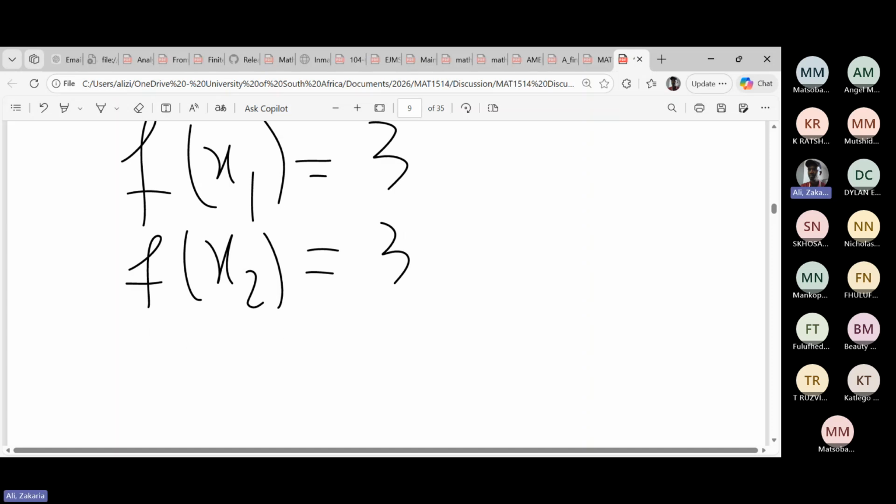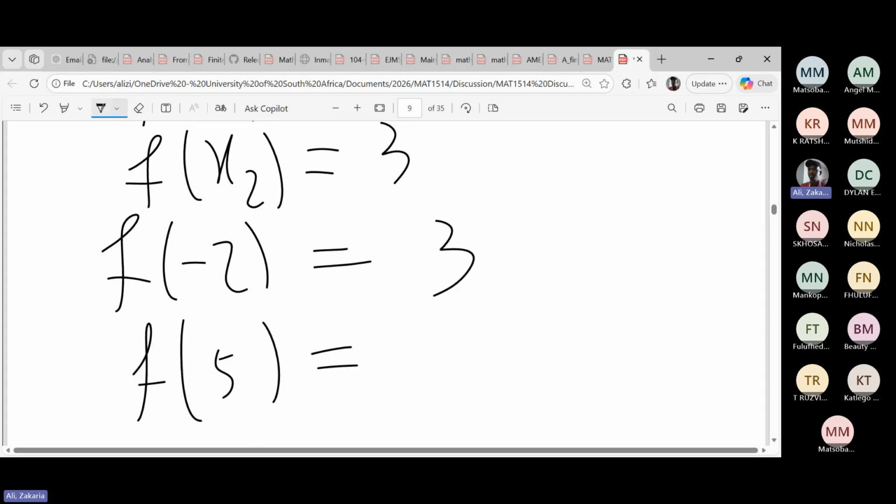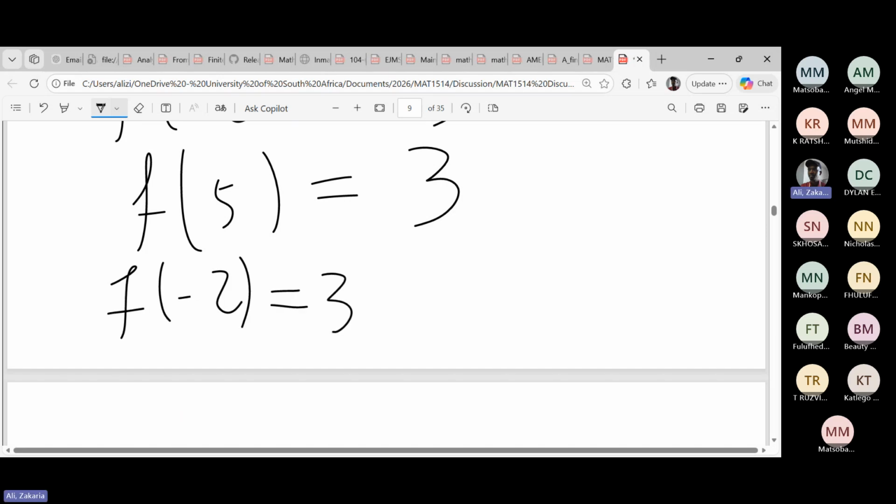Let's say f of minus 2 is equal to 3, and f of 5 is also equal to 3. You see that f of minus 2 is equal to f of 5. Can we say that minus 2 is equal to 5? Can we say that?